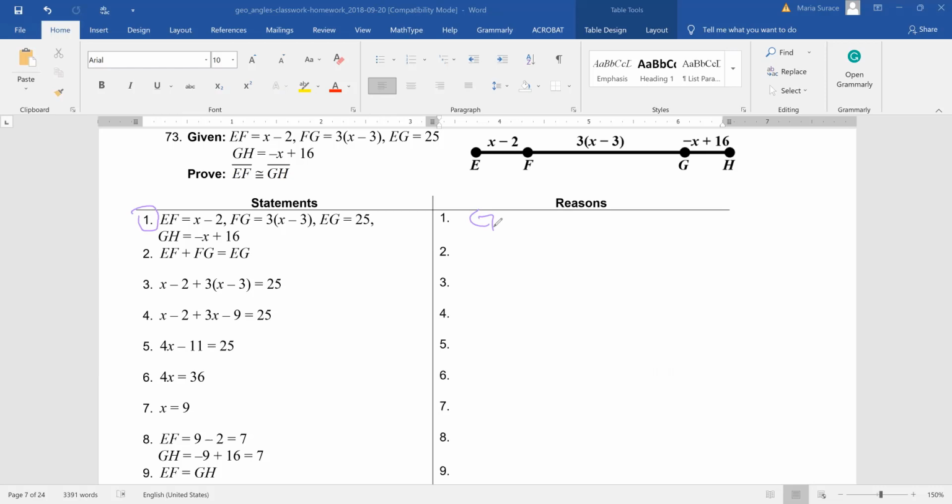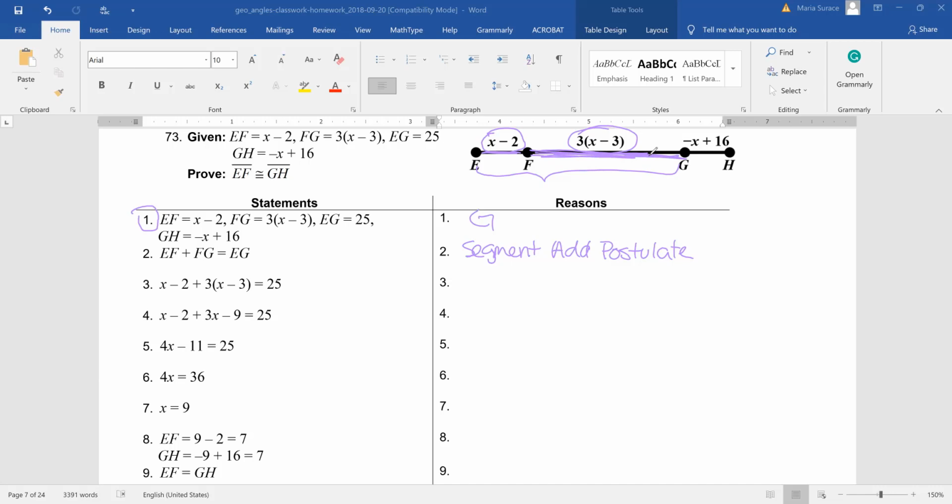Now, they said that segment EF plus segment FG is equal to segment EG. Well, the reason why I'm able to say that is because of the segment addition postulate. You're able to add segments together and they will equal the whole. Now, I know that x minus 2 represents EF. I know that 3 times x minus 3 represents FG.